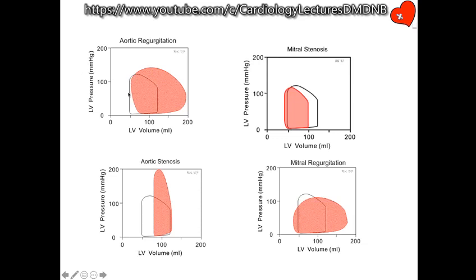Normally the ventricular volume should not change, but here the ventricular volume is constantly increasing. So even before the mitral valve opens, the LV volume has increased from about 40 ml to 70, 80 ml. So this is AR. Because of the volume overload, there may be some MR also.